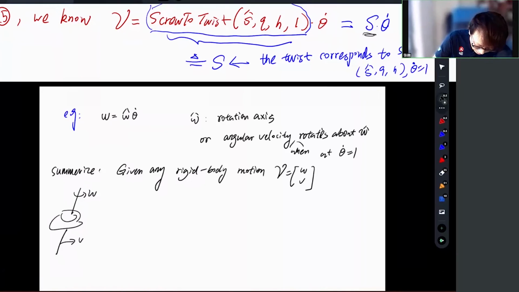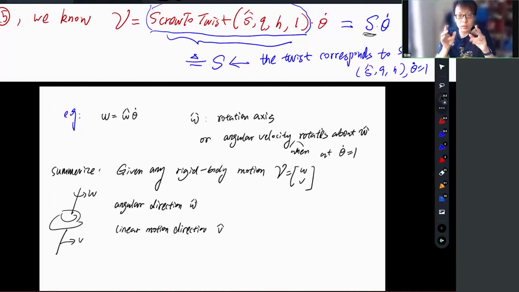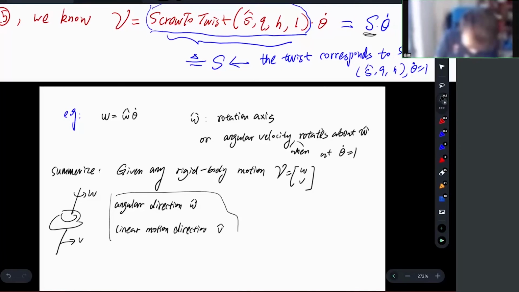So typically we'll say this is the angular direction, which is omega hat, or you have a linear motion direction, which is v hat, let's say the directional vector of v, right? You have these two things in your mind.